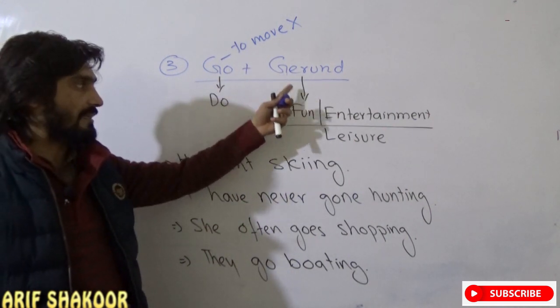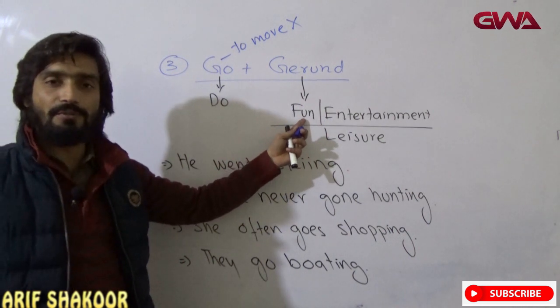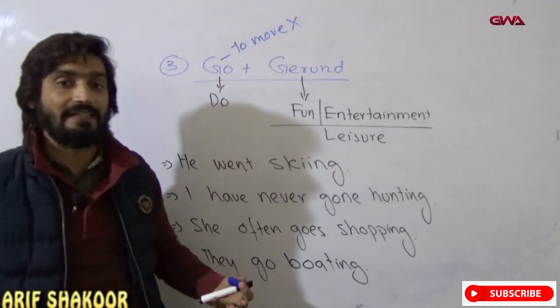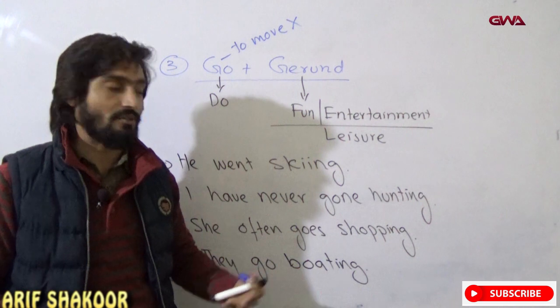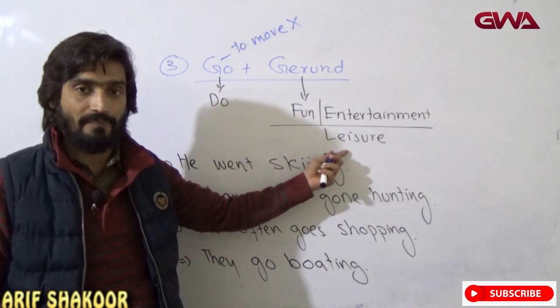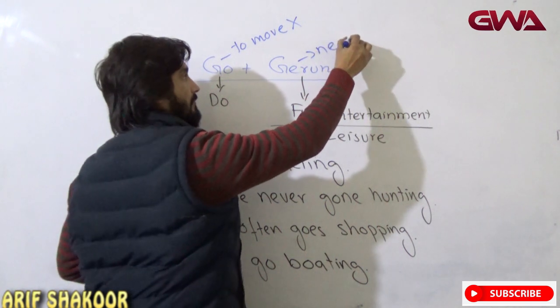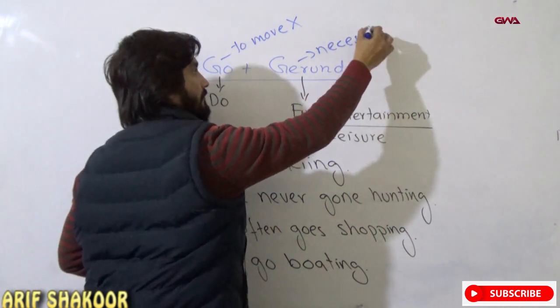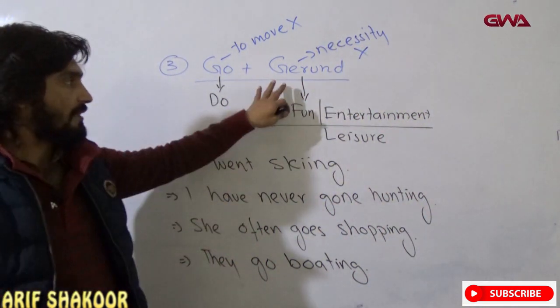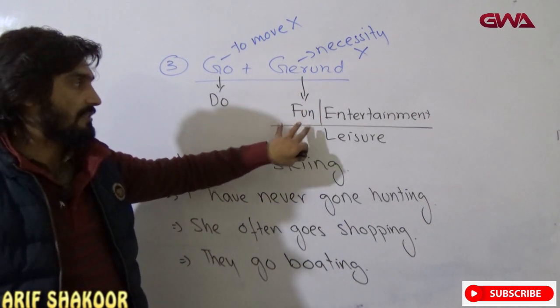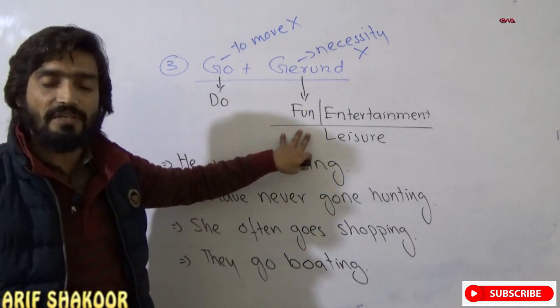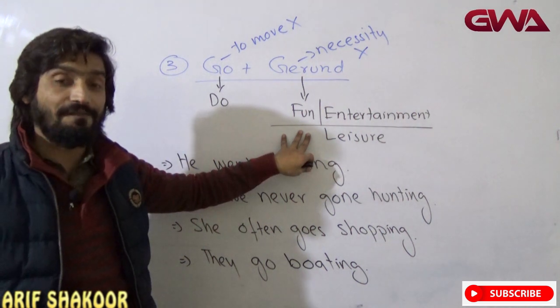And here, gerund refers to an activity which is done for fun, which is done for entertainment or leisure activities. It is not done for a necessity. Here, go plus gerund means that we do something for entertainment, for fun.